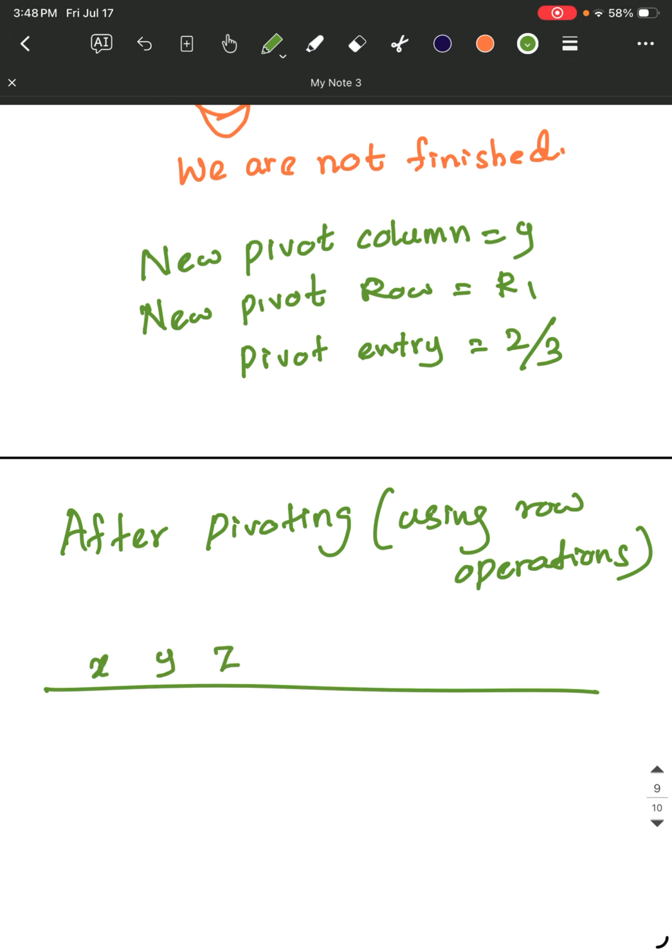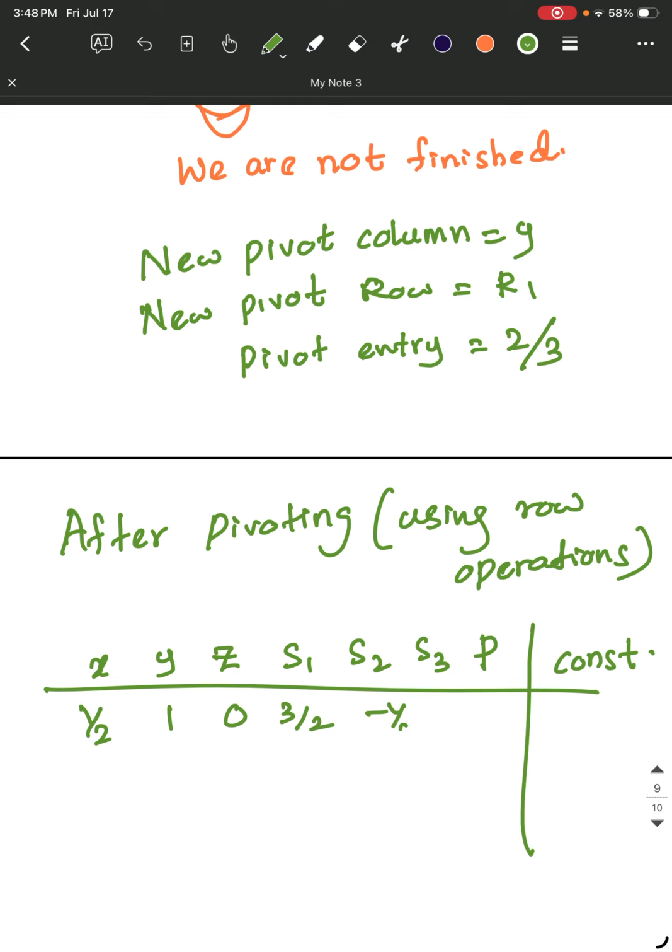x, y, z, s1, s2, s3, p, and the constant term. So 1/2, 1, 0, negative 1/2, 0, 0, 3 over 2. 1/2, 0, 1, 1/2, 0, 0, 7 over 2.